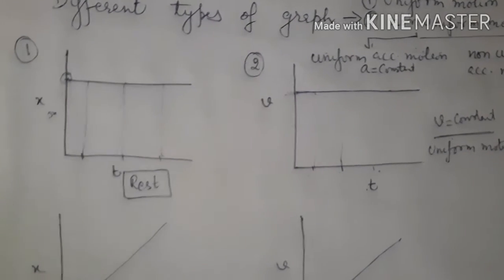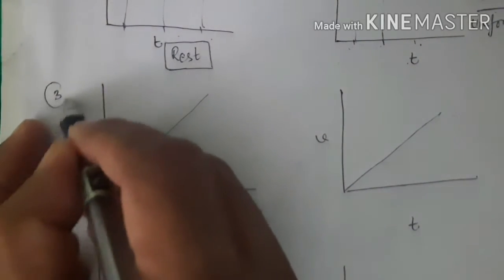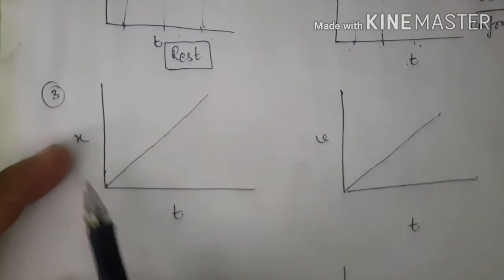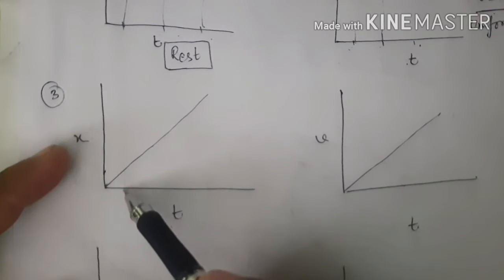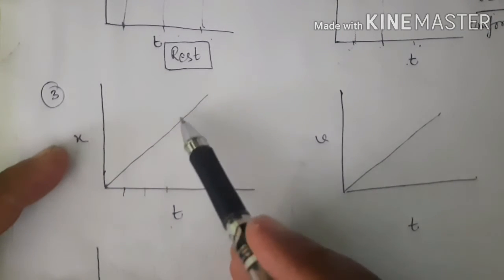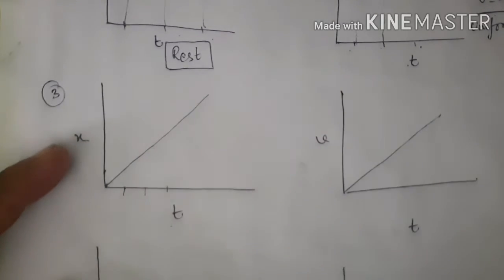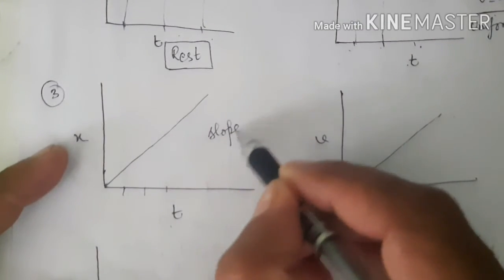Now the third graph. This third graph is between position and time. You can see in this graph that at different times the position of the particle keeps on changing, so the particle is in motion. This graph looks like its slope is the same. Slope means slantness.